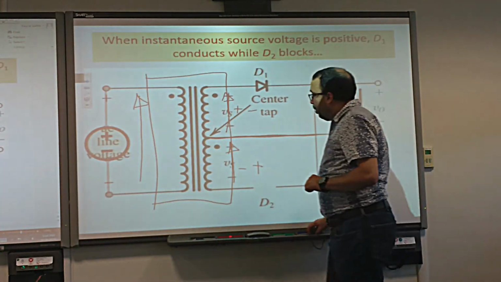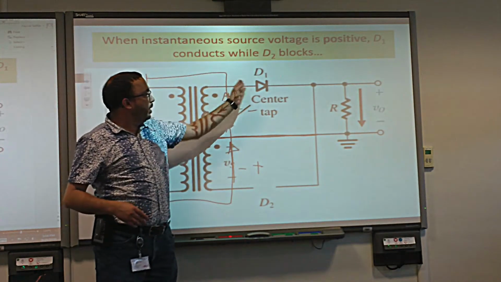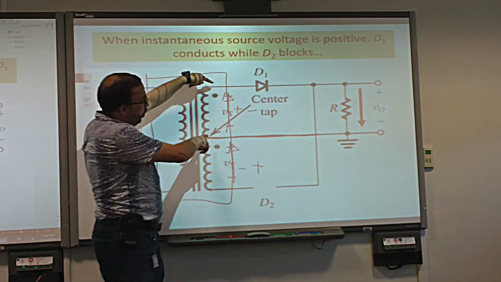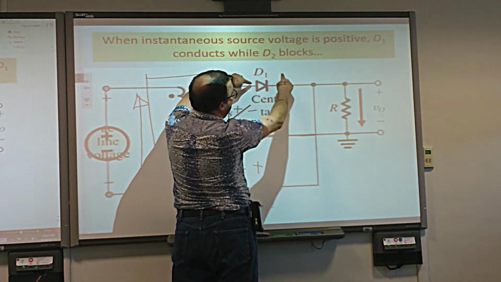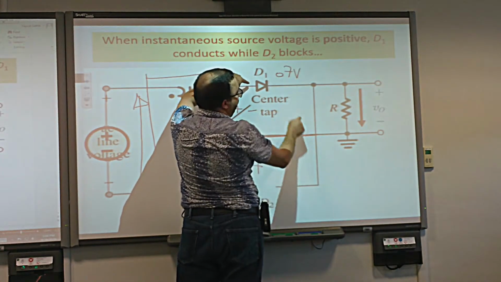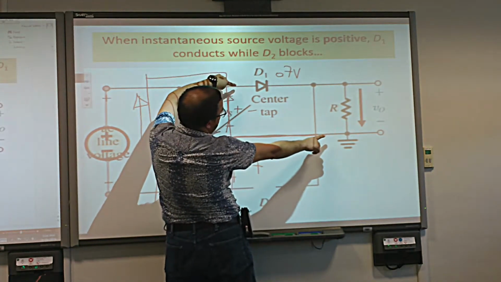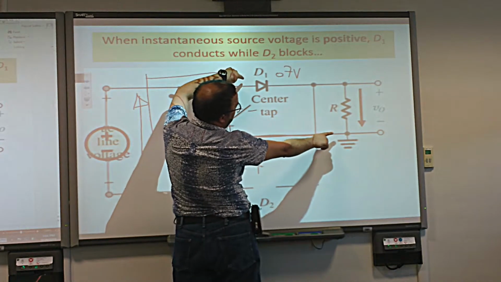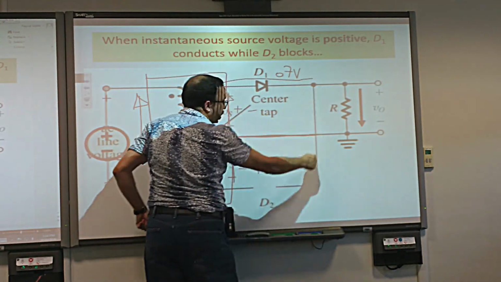Now, when we have a positive voltage here, the diode that is here will see a positive voltage and will conduct when that voltage is above 0.7 volt. Yes or no? And when that voltage is above 0.7, the current will go this way. Does it go this way?